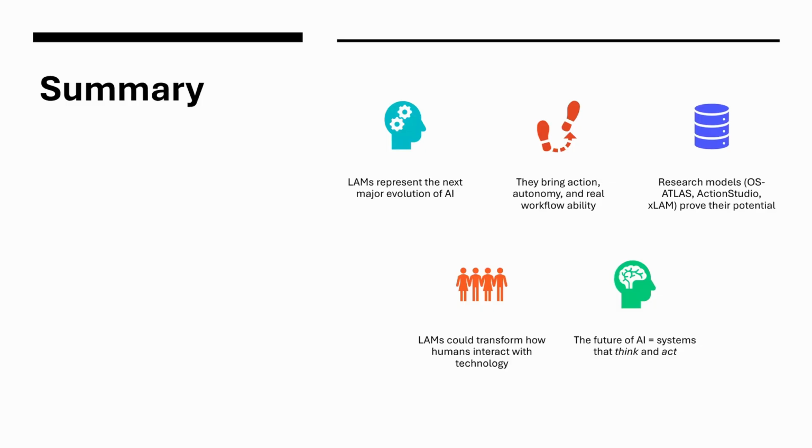Like Hunter said, the cars driving with LAMs, that could be a lot safer and even better than humans driving since machines make fewer mistakes. And the future of AI and technology will be systems that think and act, not just give you steps to do it, it will do it for you.